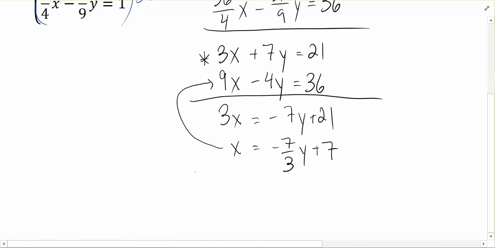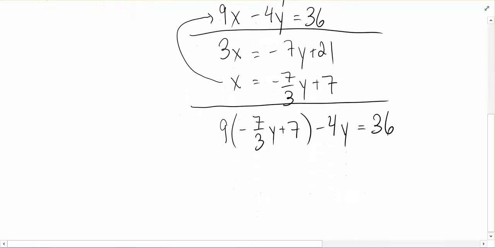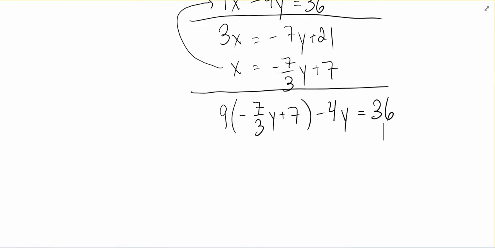So we're going to plug it into that other equation, where we have 9 times, instead of x, negative 7/3 y plus 7, minus 4y equals 36. Obviously, this is looking ugly, but let's keep going. We distribute the 9 across that parenthesis to get negative.